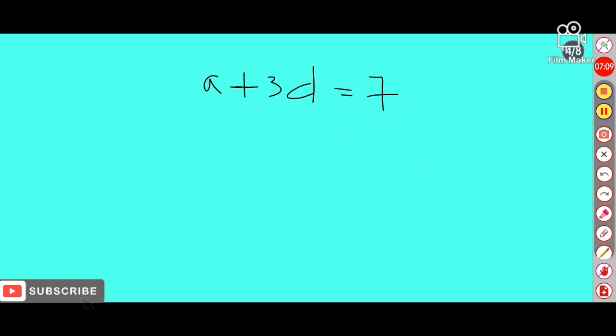Similarly, 2a plus 16d is 34, so a plus 8d is 17.